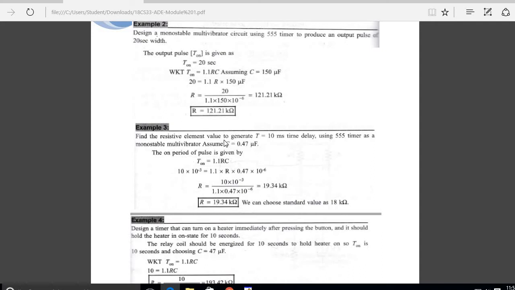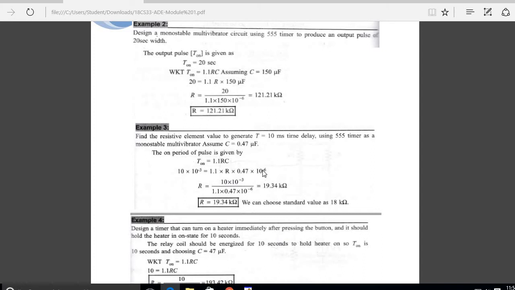Sometimes he will tell you to assume C, and if he does not, you have to assume one value of capacitor. The formula is T on is equal to 1.1 into RC. T on is given as 10 millisecond, which is 10 into 10 power minus 3. C is 0.47 into 10 power minus 6.